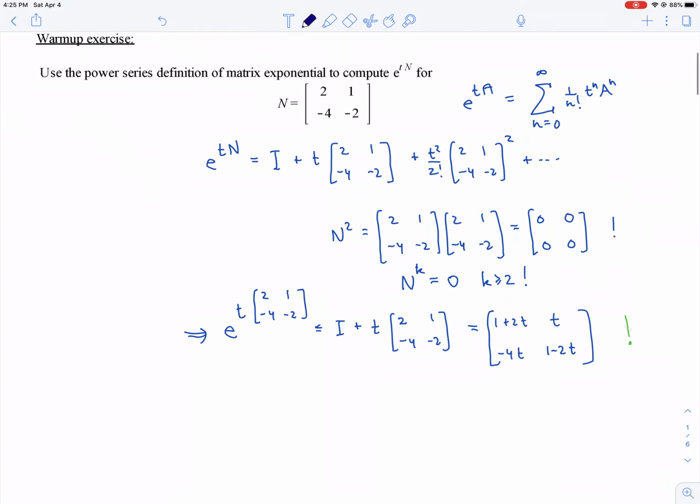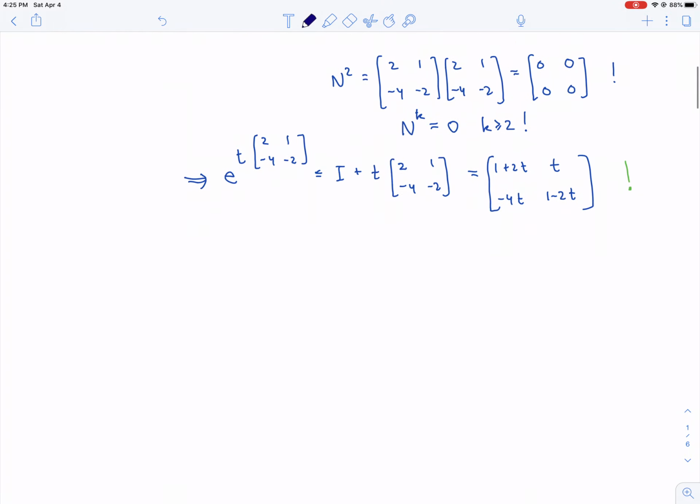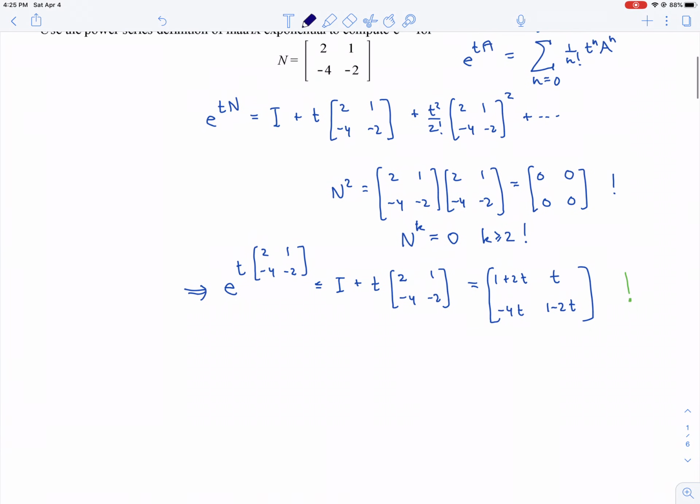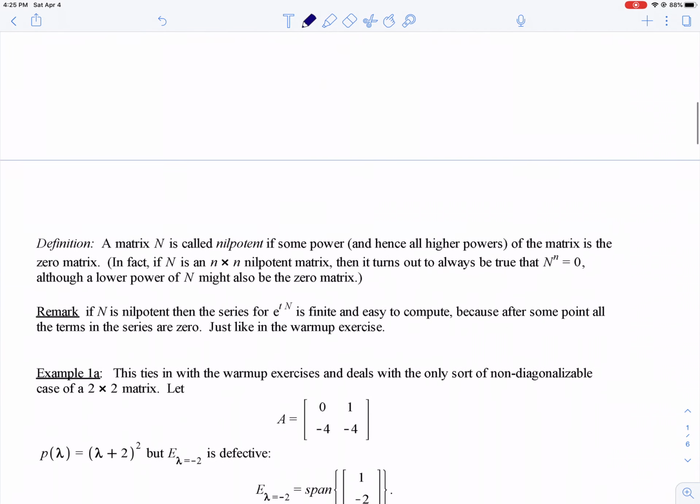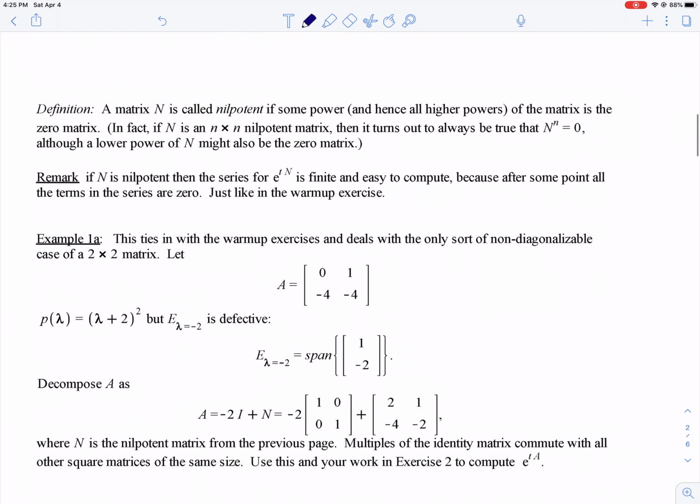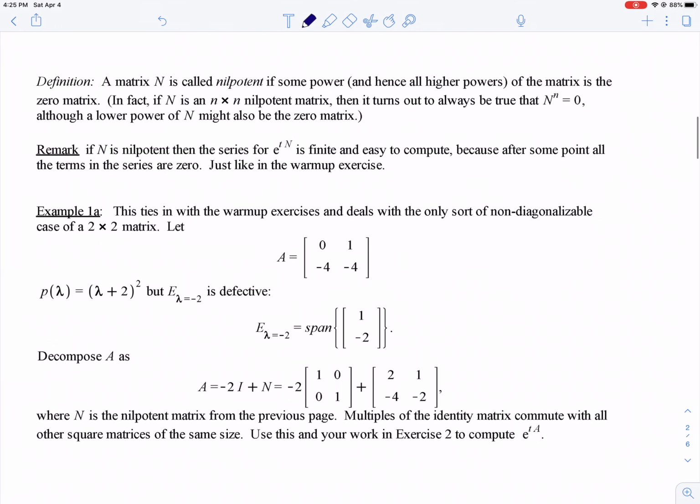Okay, well, not every non-diagonalizable matrix, and this one actually is non-diagonalizable, has that easy of a matrix exponential, but it's related. So a matrix N is called nilpotent if some power of the matrix is the 0 matrix.